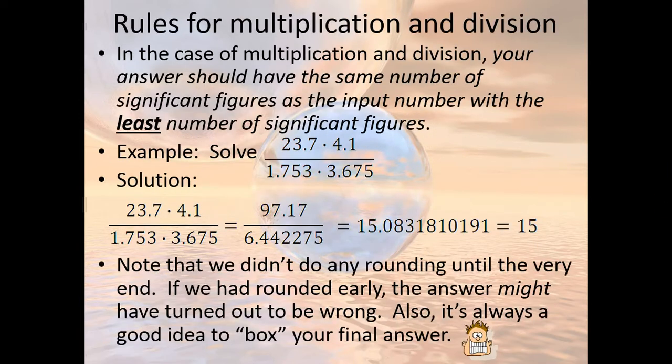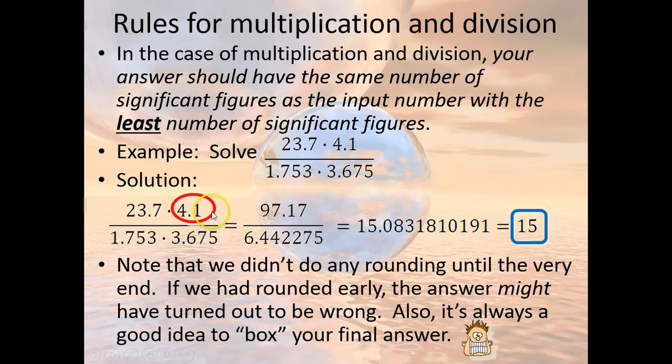Now, when you're multiplying or dividing a bunch of physical measurements that have varying levels of significant figures, your answer is only as good as the number that had the least number of significant figures. So in this problem, the 4.1 is the number that has the least number of significant figures.